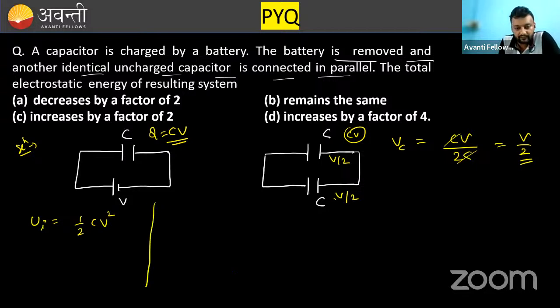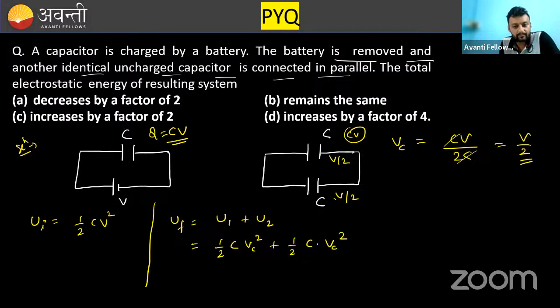So we can write the final energy. U final is the energy of the first capacitor plus the energy of the second capacitor. Energy of the first capacitor is half C V common square, plus the second capacitor half C V common square. So can you see that it will become C V common square?